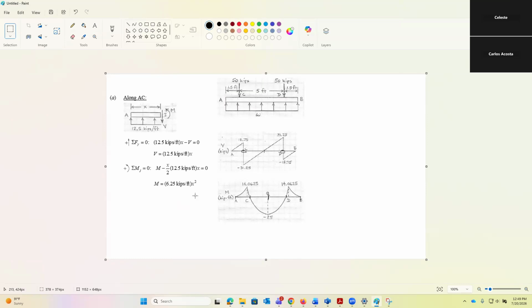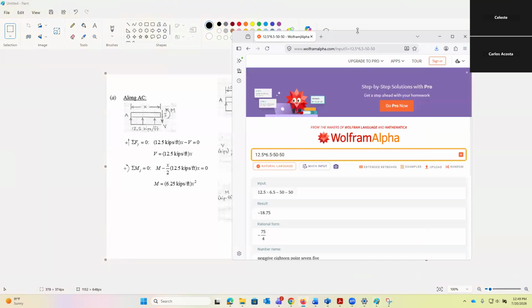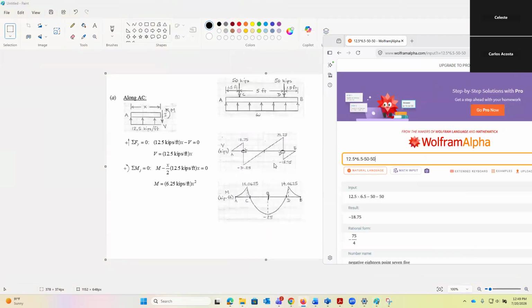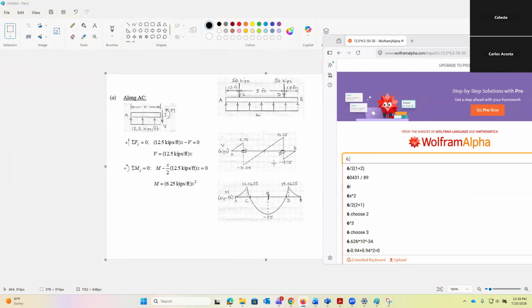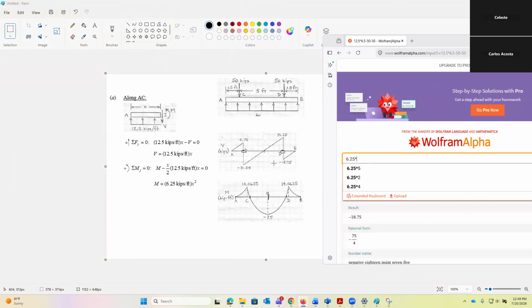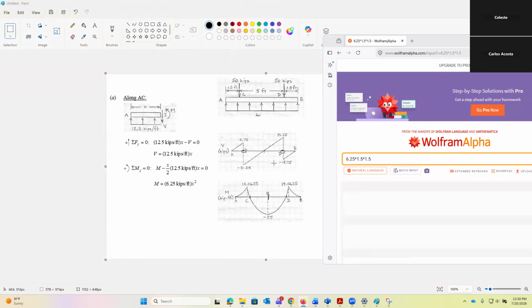Let's do a point at 1.5, for instance. You can build a graph with multiple points, and you can actually put it in Excel or Python and plot each point as a symbolic graph. So 6.25 times 1.5 times 1.5, which is 1.5 squared, 14.06, right? Right here. That's good.